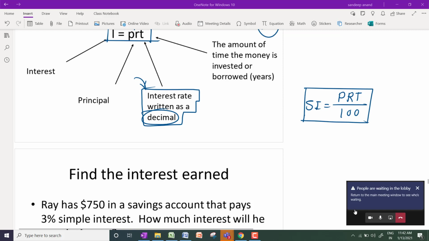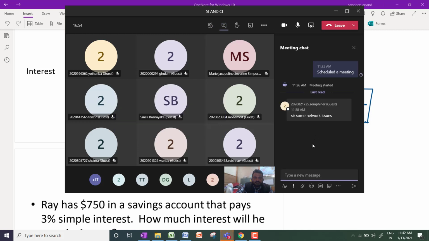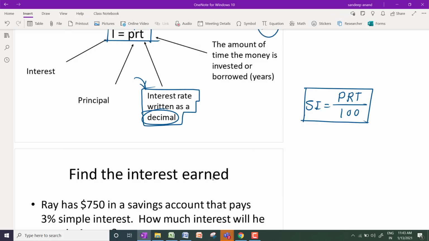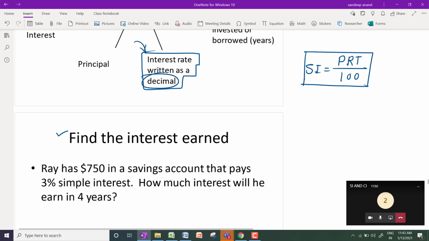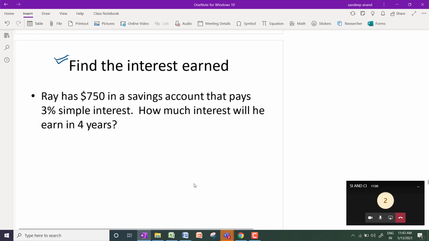Now let's find the interest earned. I'm going to solve this. Ray has $750 in a savings account that pays 3% simple interest.